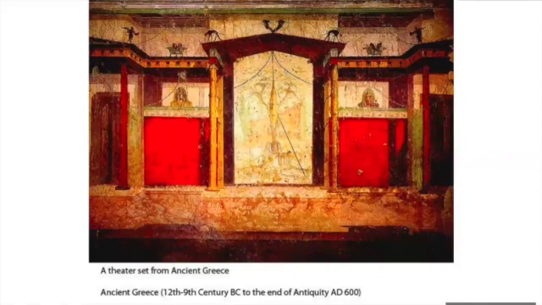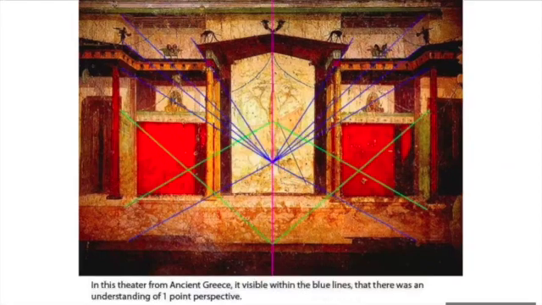If we are trying to figure out where the vanishing point is for this theater, we can cover all of the different angles of the different parts of the architecture of this theater and see how they are all intersecting in different places.